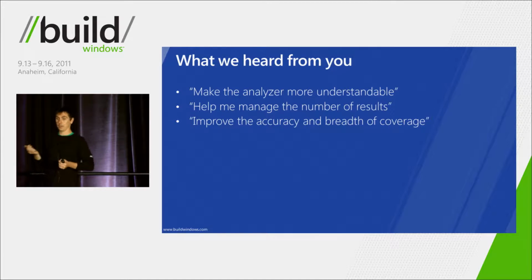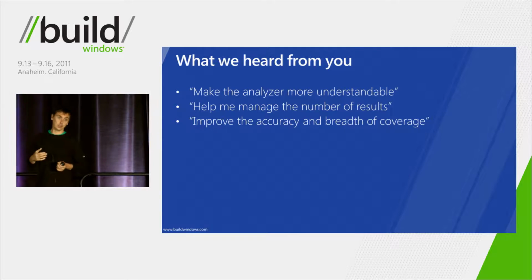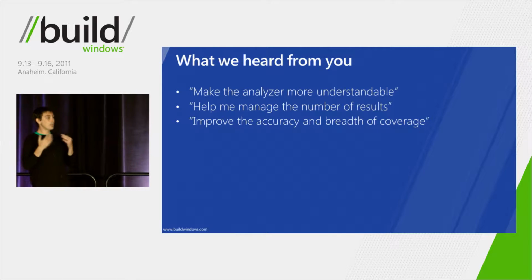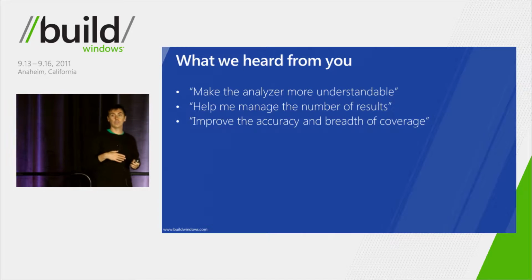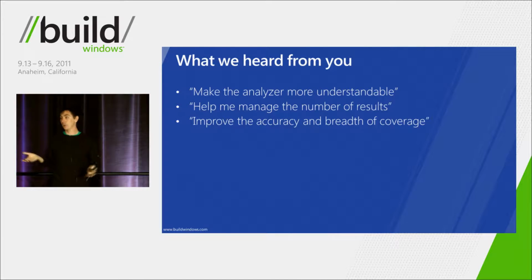First is making the analyzer more understandable, so that you know how the analyzer found the problem it did, and it can walk you through, so you can get to the fix much faster. Second is about managing the number of results. If you've run code analysis, particularly on a large code base, you can get inundated with results.